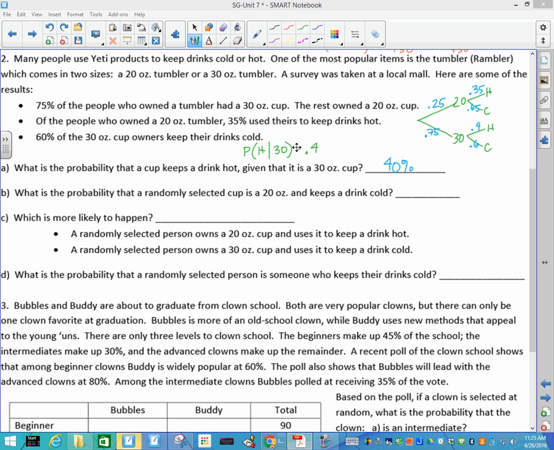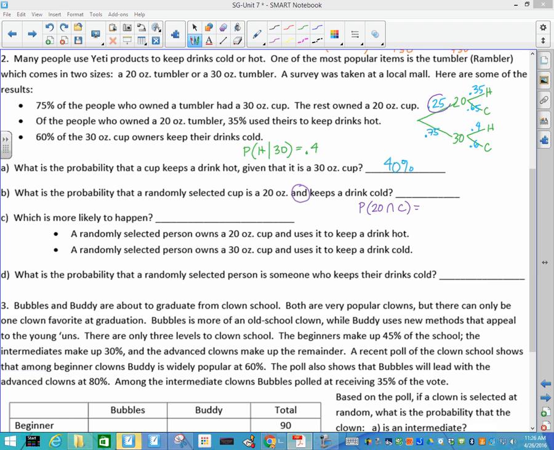What's the probability that a randomly selected cup is 20 ounces and keeps a drink cold? This is an and, so if you have an and, then you're going to multiply those branches. So that's what I'm doing. Probability of 20 and cold. So you go find 20 and cold.